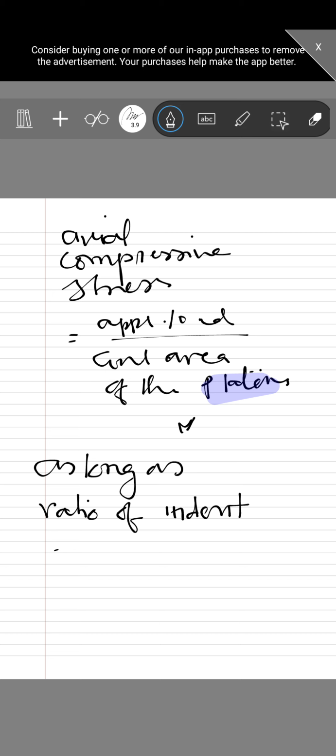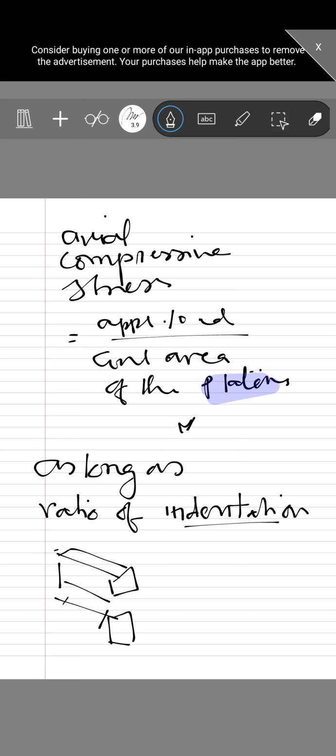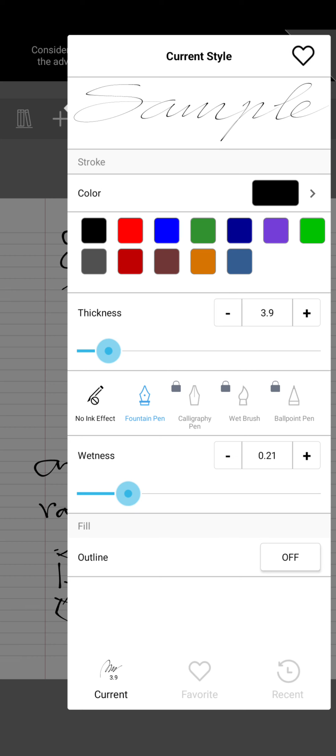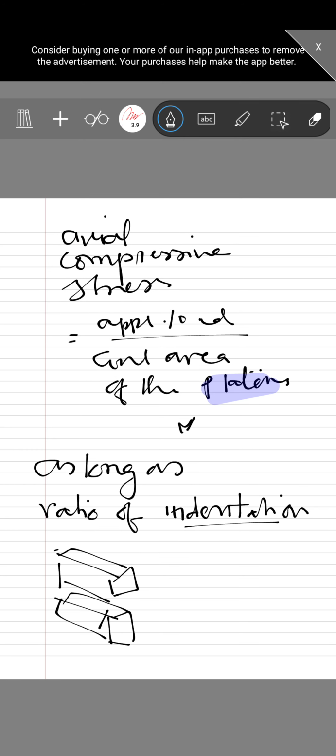The thickness at which the platens are acting is considered to be the indentation thickness, t. So if these are the platens used for the compressive stress, this region is called the indentation thickness, whereas the platen width is b.